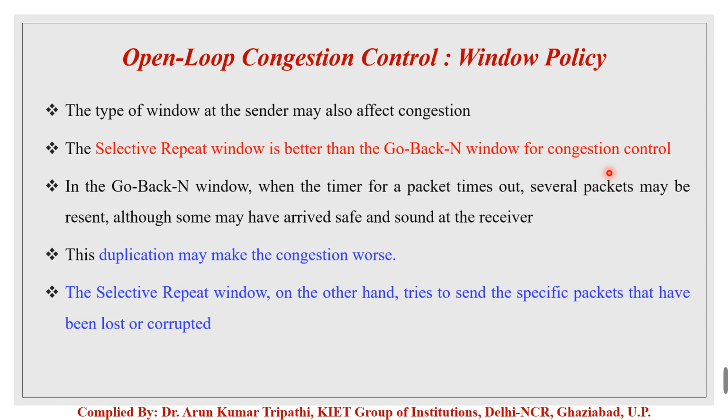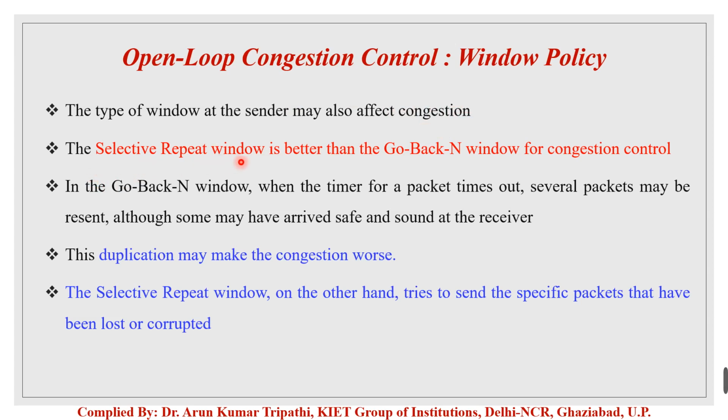That depends on two factors, your congestion window and the receiver buffer. Whatever is the minimum of these two will be the size of the window. The type of the window at the sender may also affect congestion. So how to design the congestion window policy?